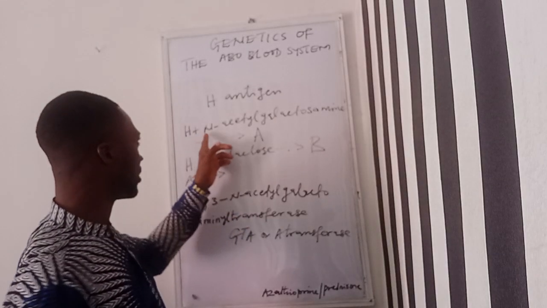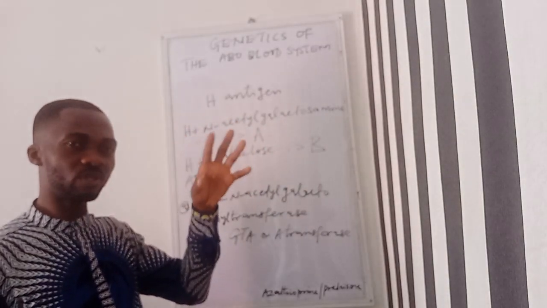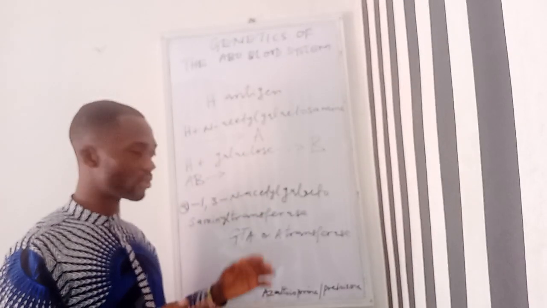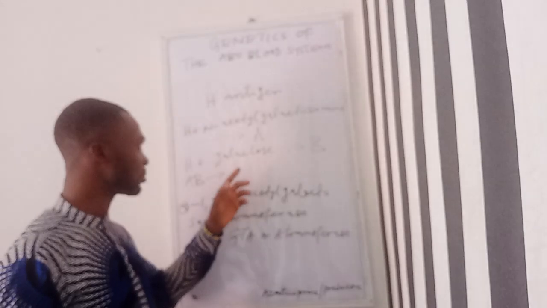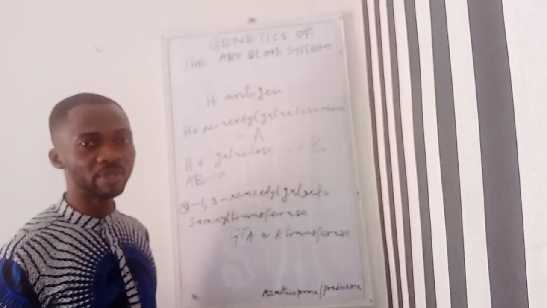Of course, N-acetylgalactosamine is for A, galactose is for B. So the addition of the two to the H antigen is what results in blood type AB.